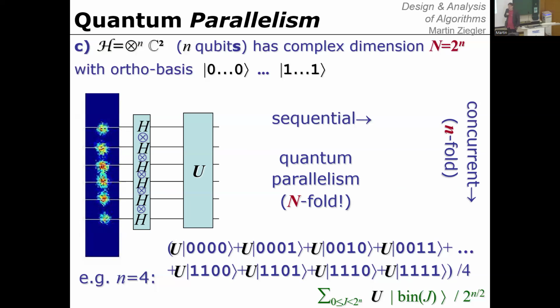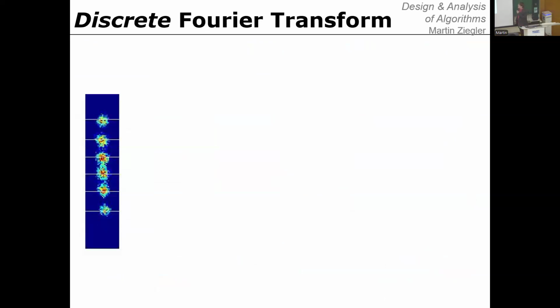What can we do with that? Yeah, that's still a huge open question. Is there an actual quantum supremacy beyond Shor and Grover and so on? We won't answer that here, but we're heading for Shor's algorithm.